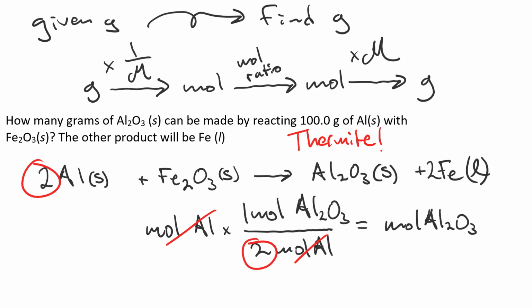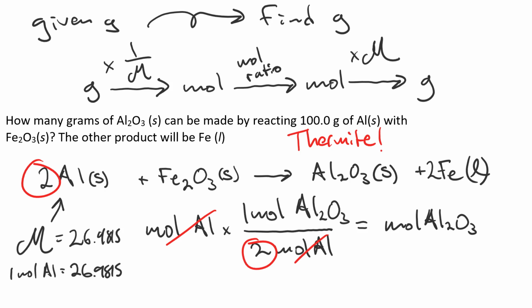Since we're starting from grams of aluminum, we'll need the molar mass of aluminum for our first conversion. And if you look on the periodic table, you see it's 26.9815. That means that 1 mole of Al is equal to 26.9815 grams. By the same token, we're trying to find grams of aluminum oxide that can be produced, so we need its molar mass.